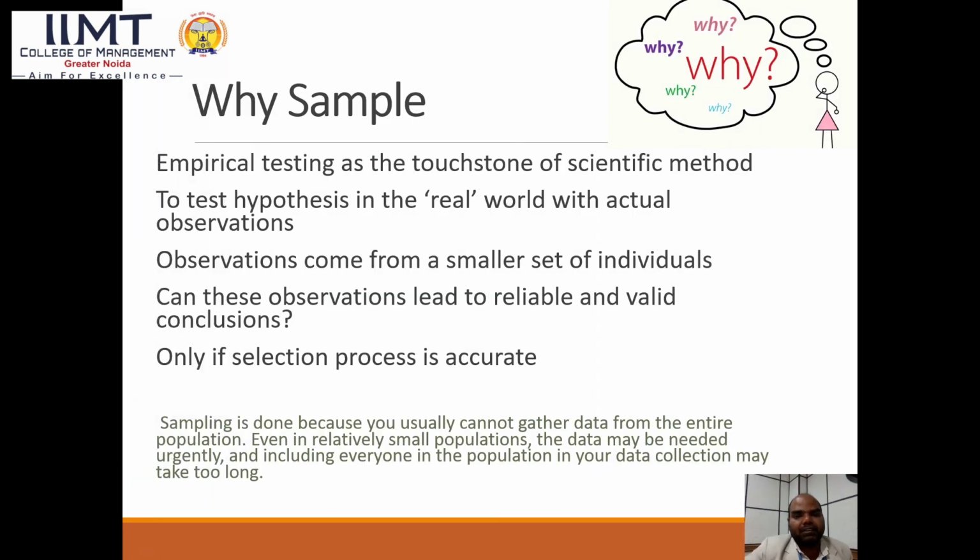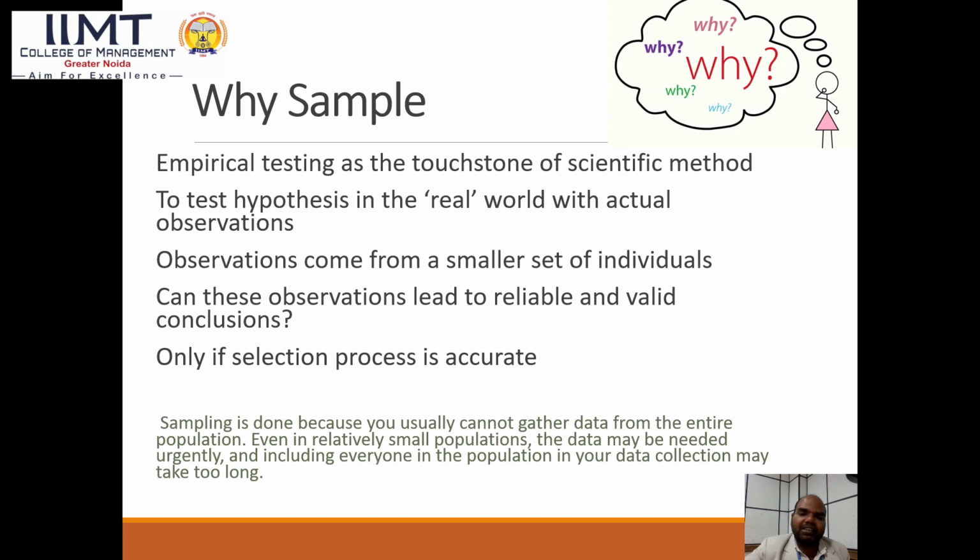Why sample? Empirical testing is the touchstone of the scientific method, to test hypotheses in the real world with actual observation. Observations come from a smaller set of individuals. Can these observations lead to reliable and valid conclusions? Only if the selection process is accurate.